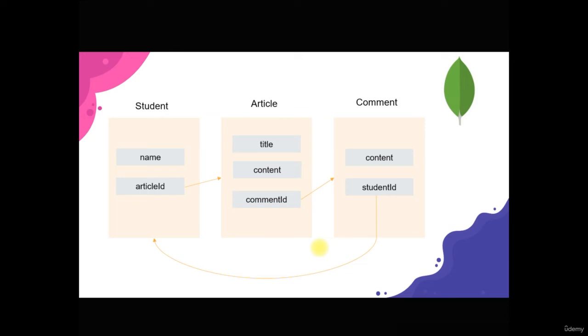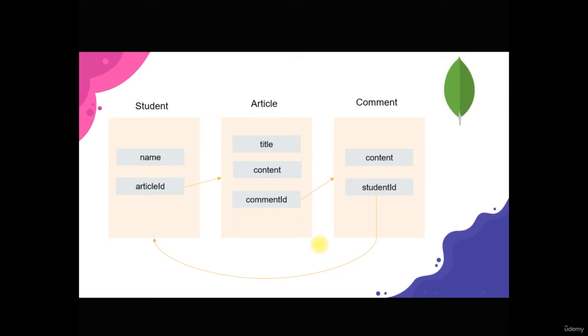So actually, this approach could solve most of our problems because it makes things pretty straightforward in its path. For example, we can take only a limited number of articles in a particular student and see all of the comments inside of it. However, we should say that there is a downside to this way.